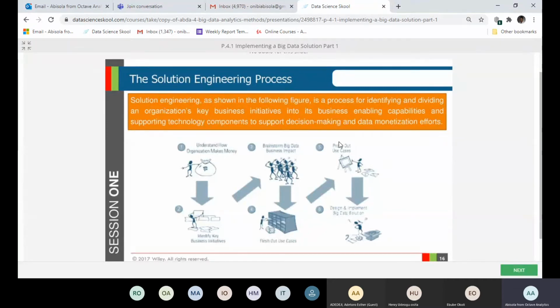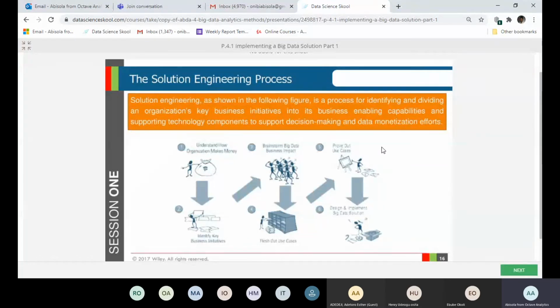A solution engineering process, as shown in the figure below, is a process for identifying and dividing an organization's key business initiatives into its business enabling capabilities and supporting technology components to support decision making and data monetization efforts.